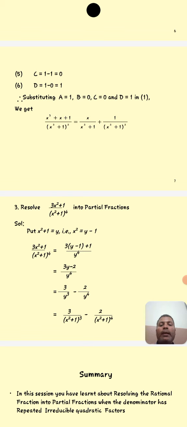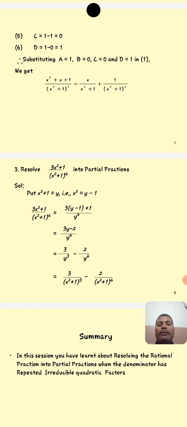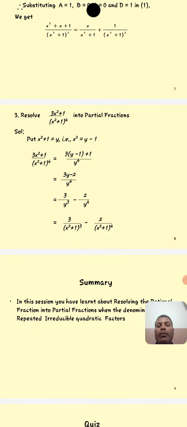Now we split into two parts: 3y by y power 4 minus 2 divided by y power 4. Here y cancels, giving 3 divided by y cube, and 2 divided by y power 4. Now what is the value of y again? x square plus 1. So in the place of y, we substitute x square plus 1, and we get 3 divided by (x square plus 1) whole cube minus 2 divided by (x square plus 1) to the power of 4.